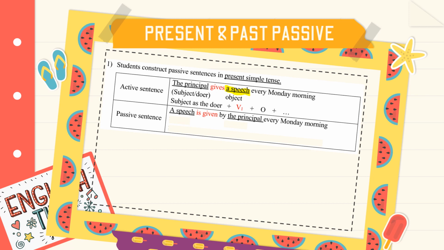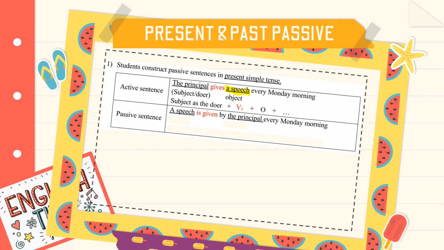Given is the verb 3 of gives. Now, why do you use is? Because a speech is only one. Okay, it's singular. That's why you use is. We also use is if the subject is uncountable, like water, like rice.